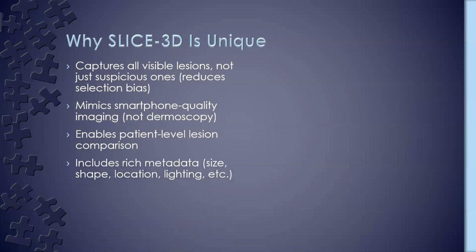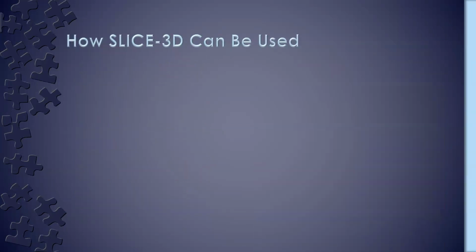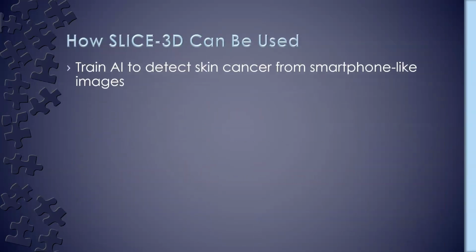Lastly, each image comes with metadata like size, shape, location on the body, and lesion contours. SLICE-3D is the first large-scale dataset of its kind built from 3D TBP, making it a big step toward practical AI systems. How can SLICE-3D be used?